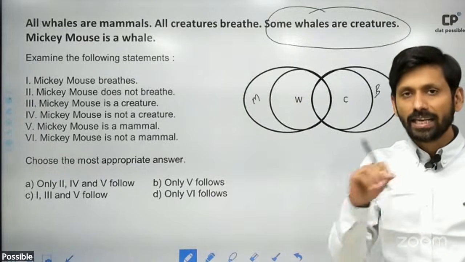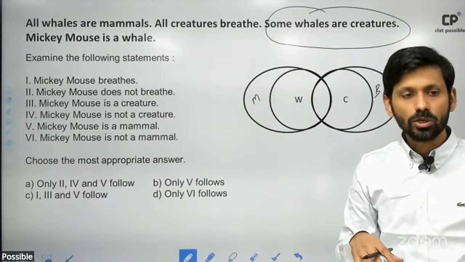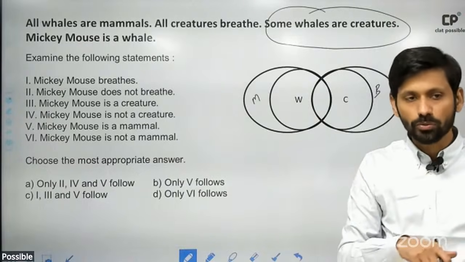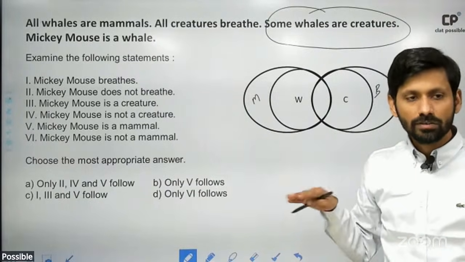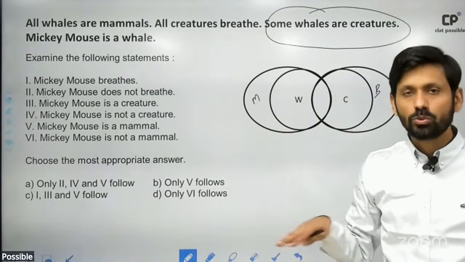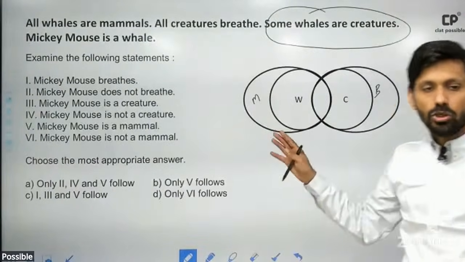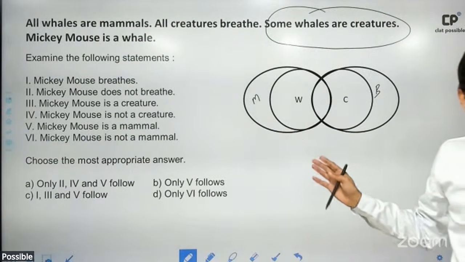I'll try to link that video as soon as we are done with today's recording. But currently, since this is happening in revision mode, we'll try to solve these questions more quickly. So this is the diagram, everyone. This is the minimum overlap diagram.